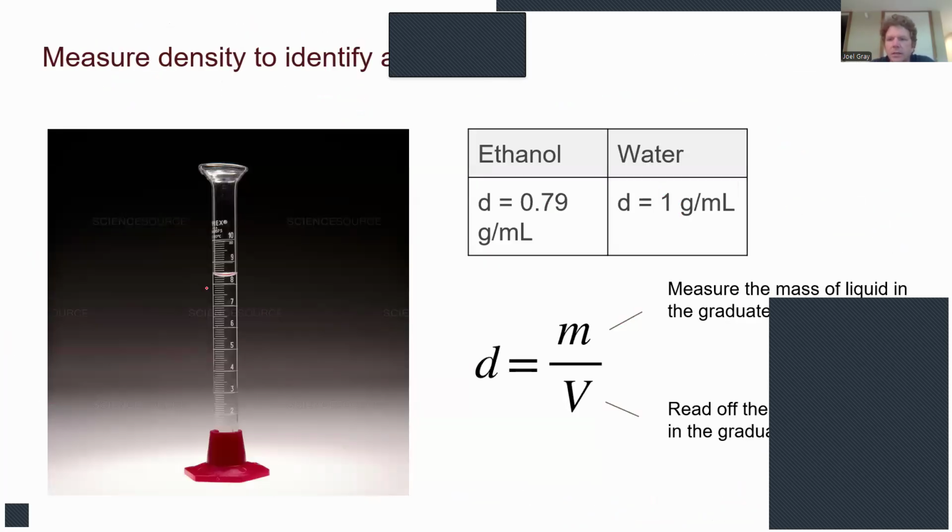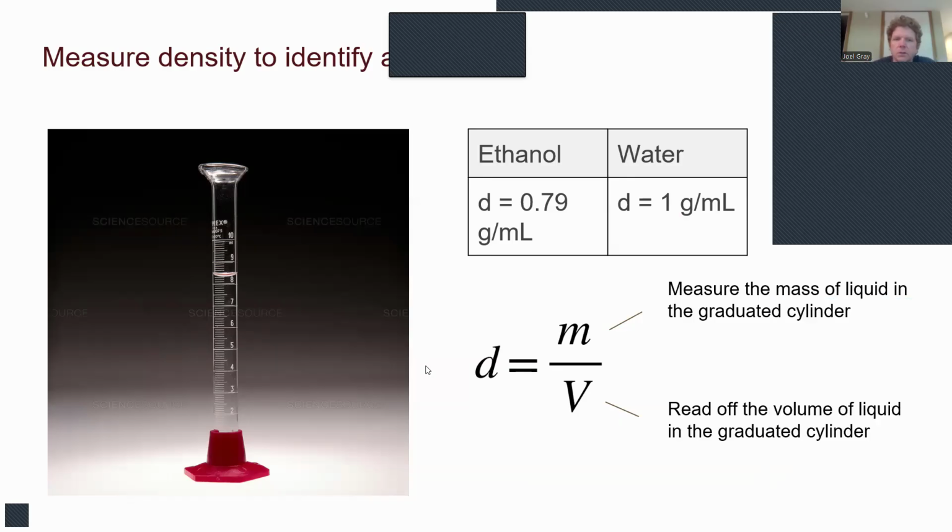Now, in order to calculate density, you have to have a designated volume and a mass. So here what we have is a liquid. That liquid has been poured into this graduated cylinder. This instrument here is known as a graduated cylinder.